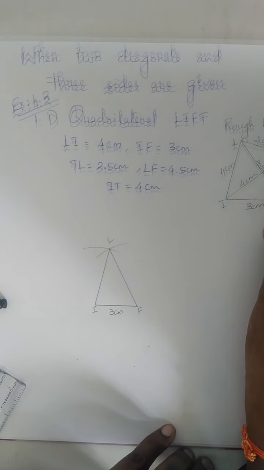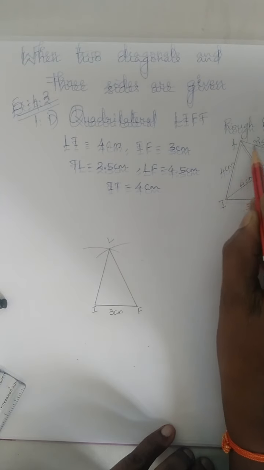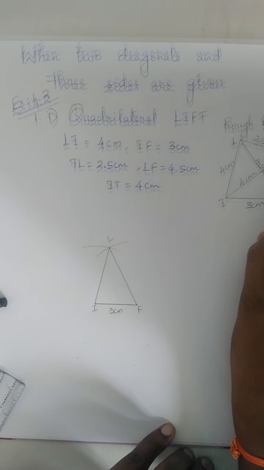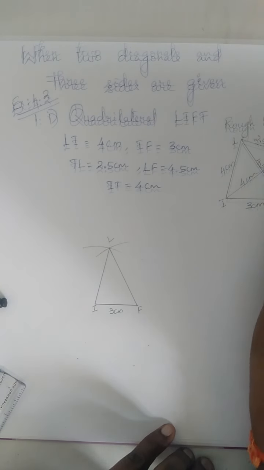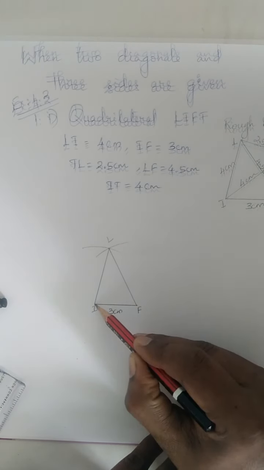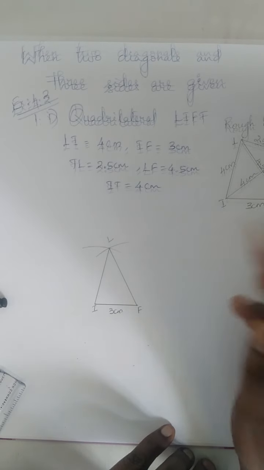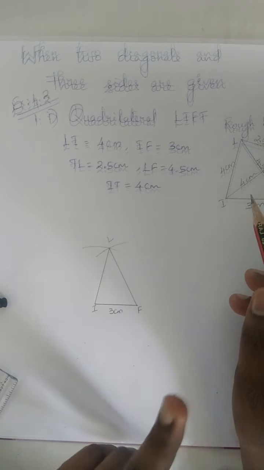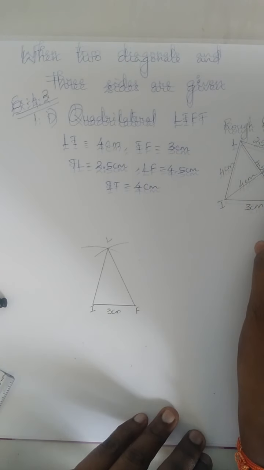To get the vertex T, see, to get this point from L, one measure is there. From L 2.5 centimeter, you can make one arc. Then see another line segment also coming, but this line segment coming from where? From I. So from I only the next measure. To get one vertex you need two arcs. Is it? So from L 2.5 centimeter one arc.